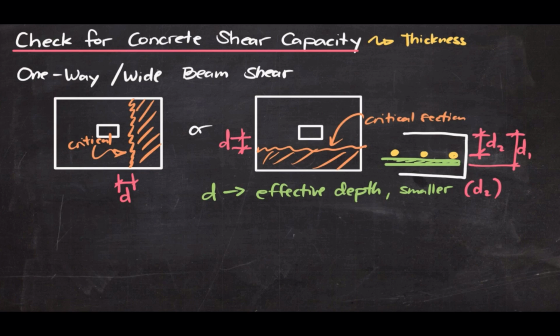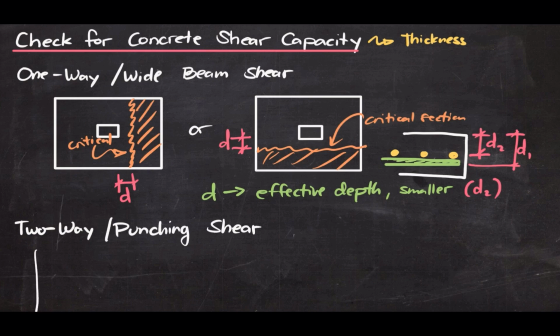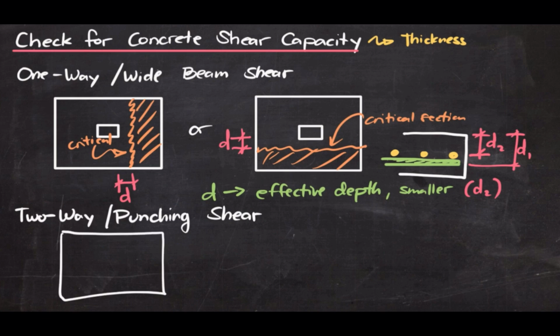Another mode of shear failure that we will consider when designing isolated or spread footings is what we call the two-way or punching shear. The two-way or punching shear is when the column punches through the footing pad. So if this is the footing, so let me draw the footing, and this is the column, the critical section for shearing would be around the column like this.